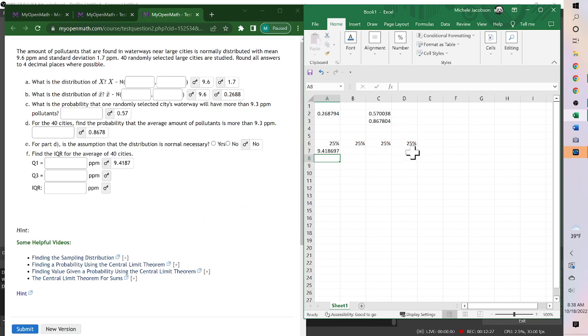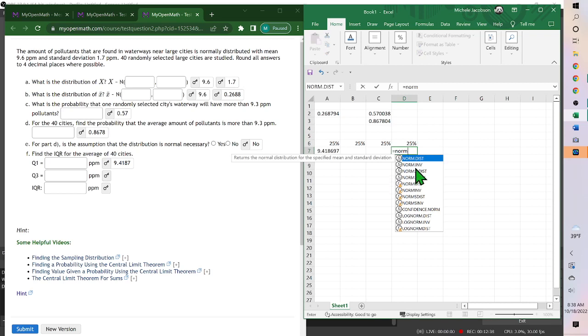For Q3, 1, 2, 3, these three are below it, 75%. So equals norm inverse, and then 0.75, comma, the mean, which was 9.6. This was the sample.